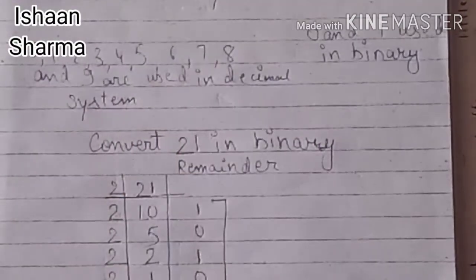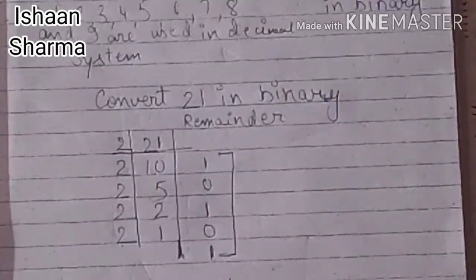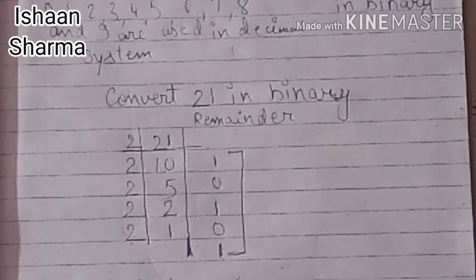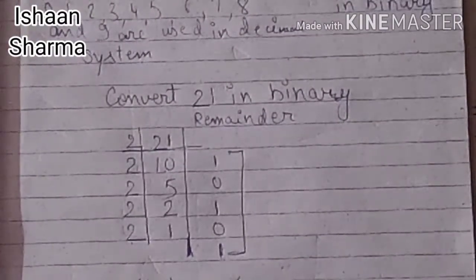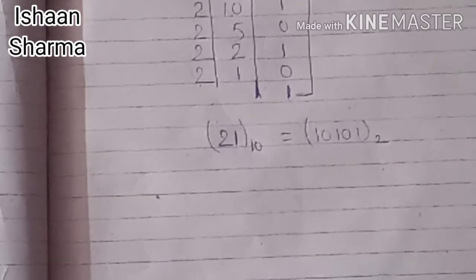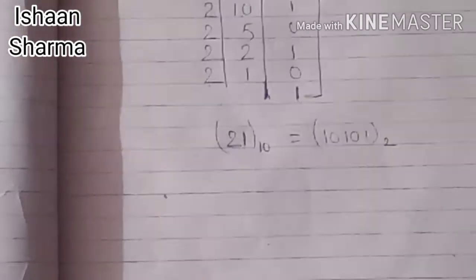So we can write it as 21 with base 10 equal to 10101 with base 2.